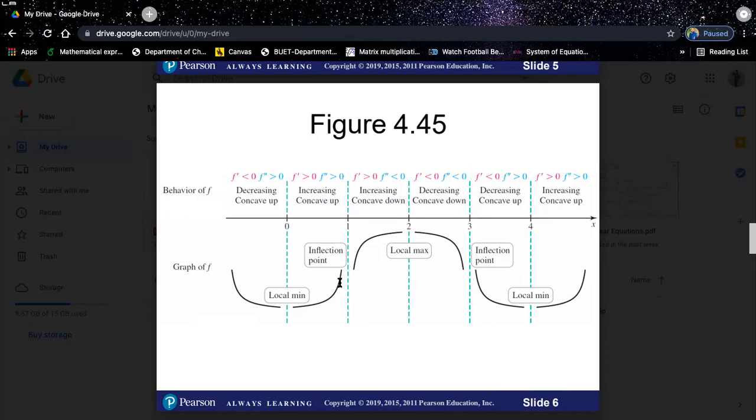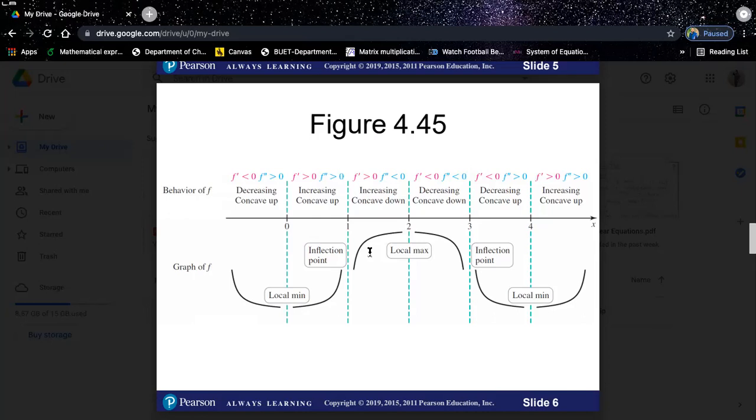or okay, let me ask you this way. Can anyone tell me how to identify if a function is concave up at a point, or at a certain interval? How to identify that graphically? Anyone? Because this information will be needed.